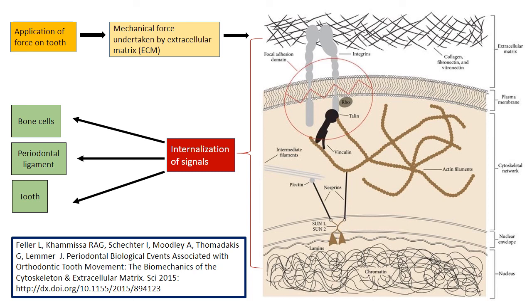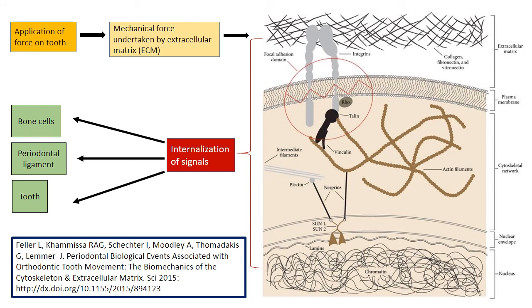Integrins are those proteins which connect on the outside as well as on the inside. So when you talk about the outside, it is going to connect to the collagen. And when you talk about the inside, it's going to connect to the cytoskeletal network. Cytoskeletal network is a network of proteins which is present in the cytoplasm. They also will have the brunt of that injury which was happening outside.